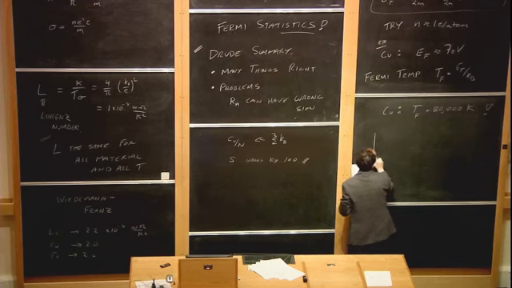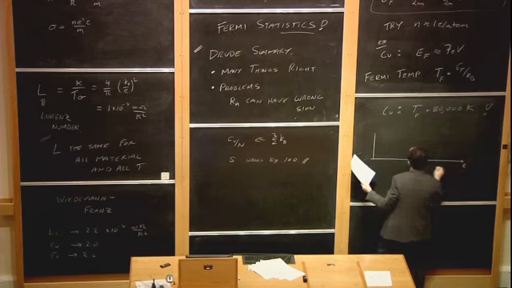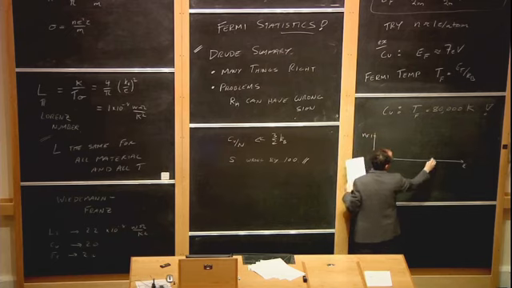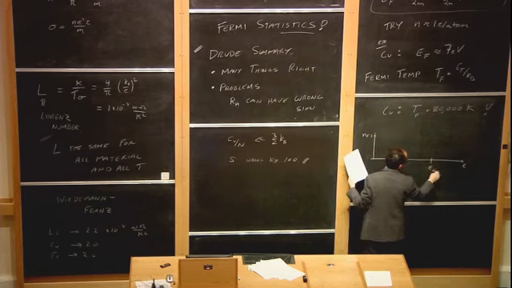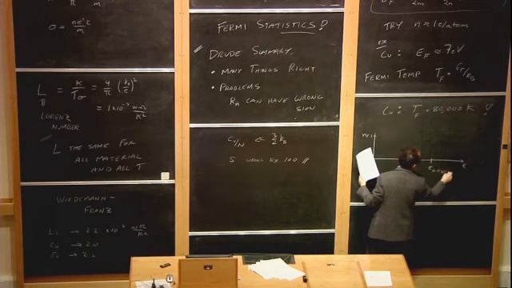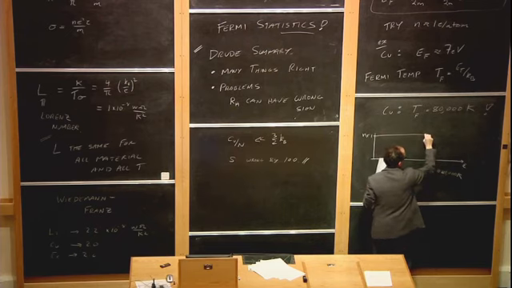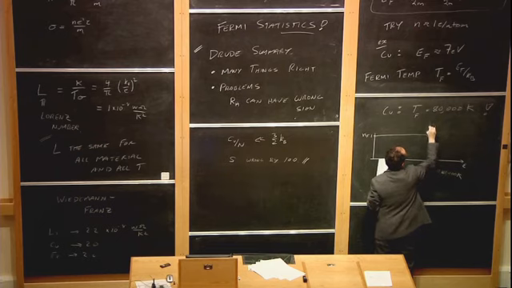So let's actually plot the Fermi function again. So here's n_F, here's 1, here's E_F, or the chemical potential, approximately 80,000 Kelvin if I take out a k_B. And the Fermi function will look like this. It drops in a very, very small range. This is k_B T at room temperature.